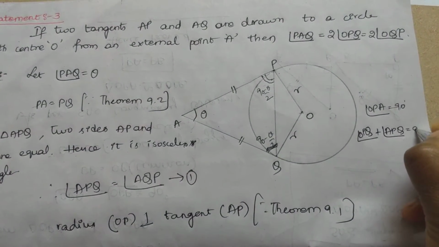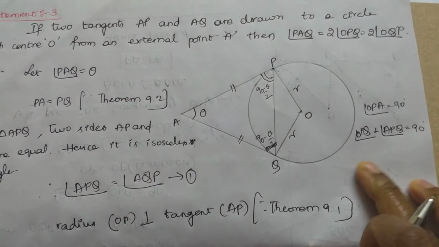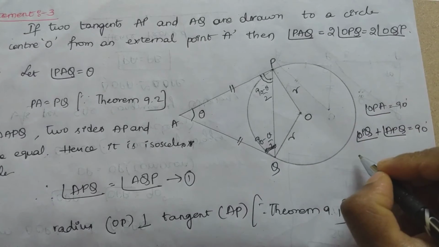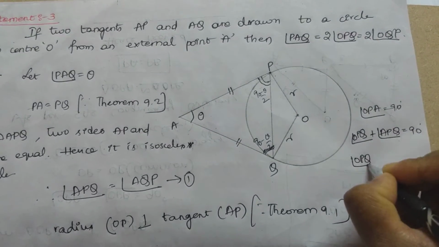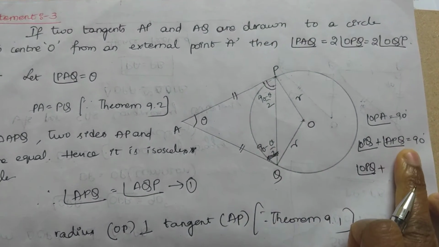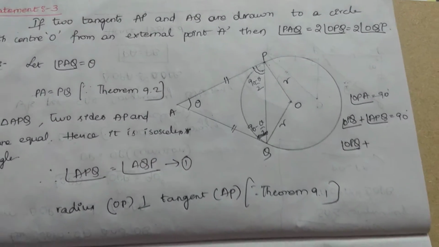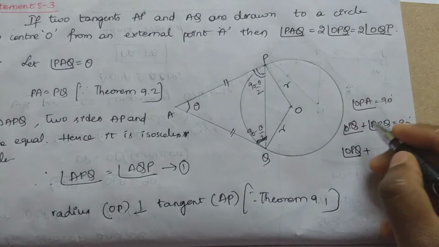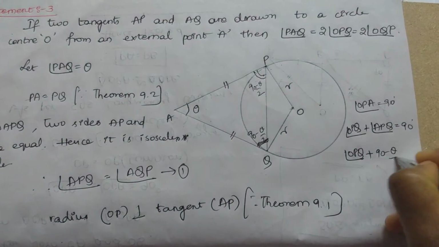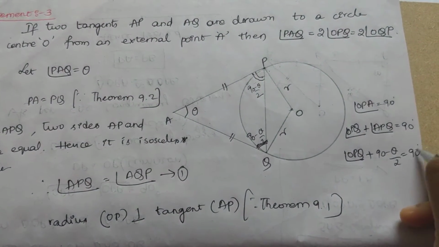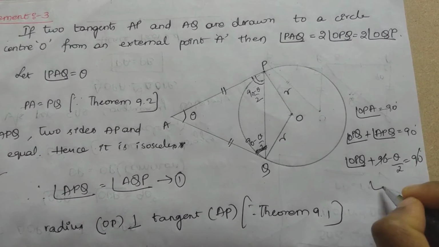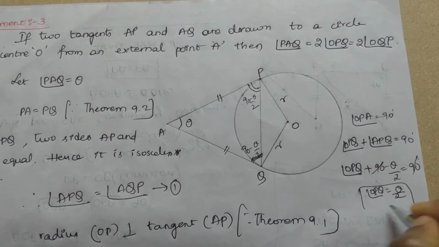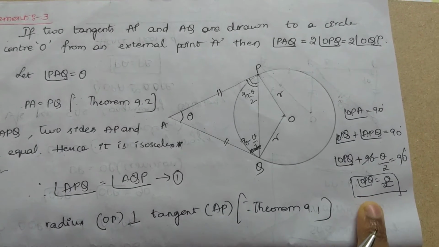Angle OPQ, we don't know, that is what we need to find. So angle OPQ plus angle APQ, which we got as 90 minus theta by 2, equals 90 degrees. So 90 and 90 cancel off. Angle OPQ equals theta by 2.